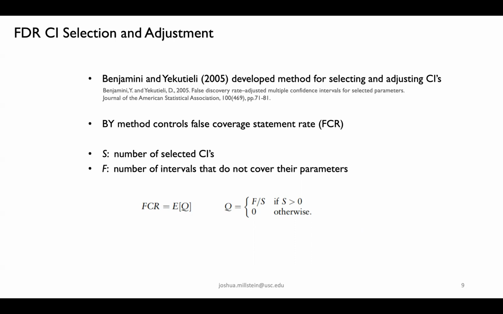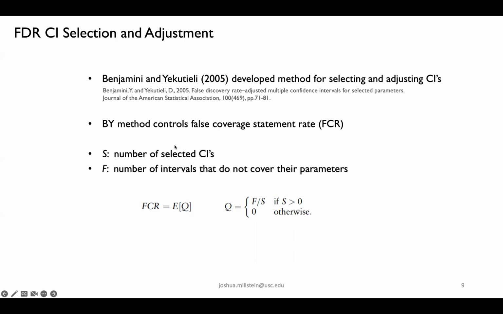And so in order to do that, they needed to develop this new way of evaluating coverage. They define this new method of evaluating coverage, and they call that the false coverage statement rate, or FCR.